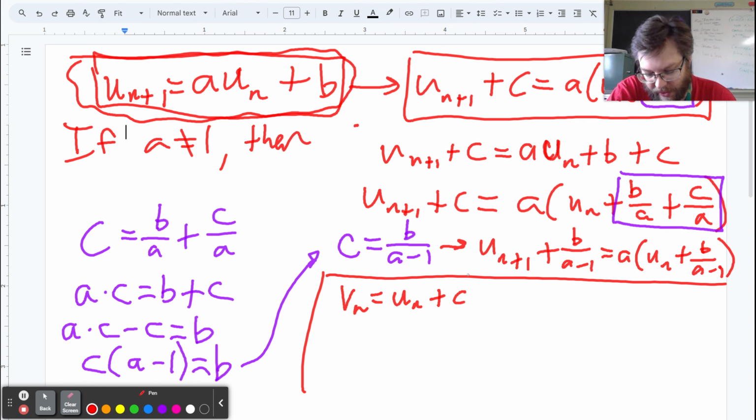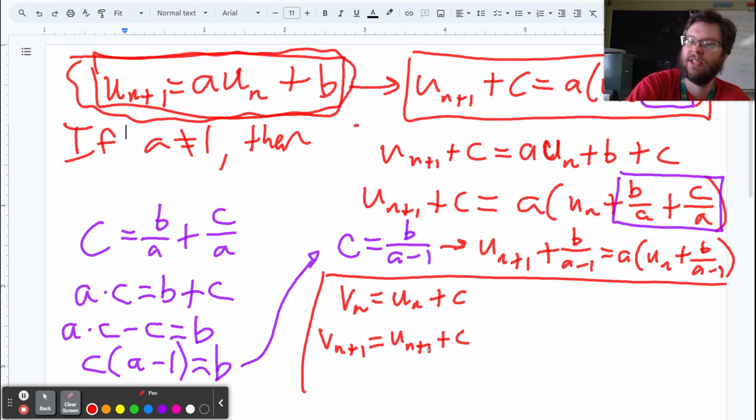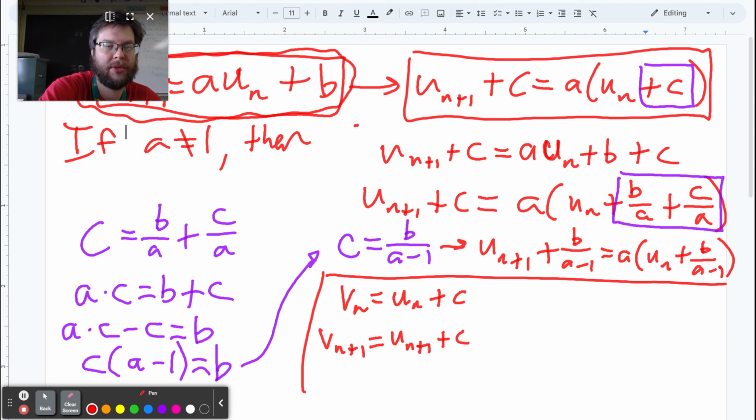We are going to write down a recurrence relation for V(n). Well, V(n+1) is U(n+1) + c, because I just iterated to the next term. But U(n+1) + c should sound familiar.